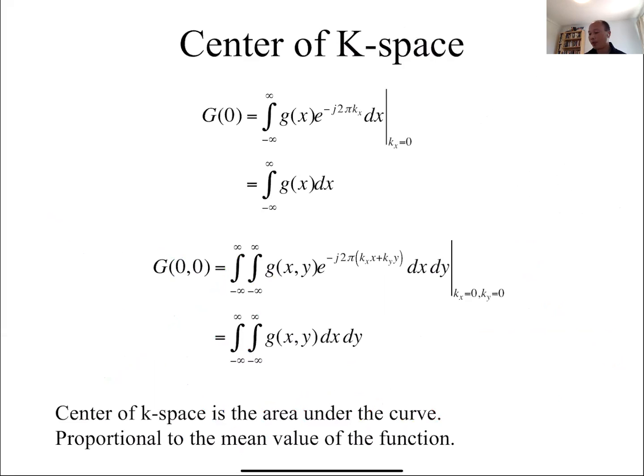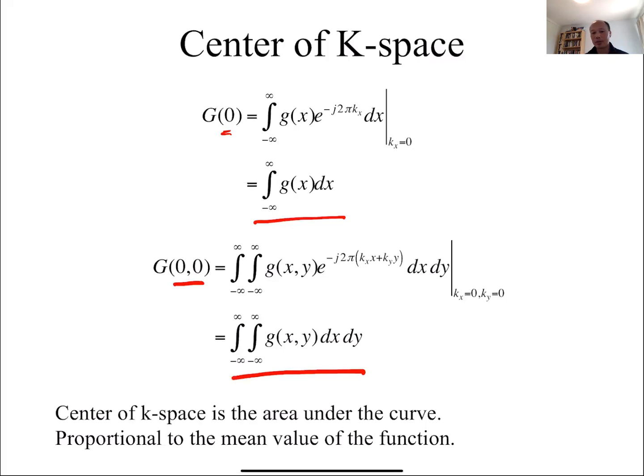Another really important part is the center of K-space, which I think you can use this fact also in your homework, which is basically if I look at g at 0, then that is just the integral of my function in 1D, or if I look at g(0,0), then that is going to be the 2D integral of my function. So the center of K-space essentially is like the mean value of your function, the area under the curve.